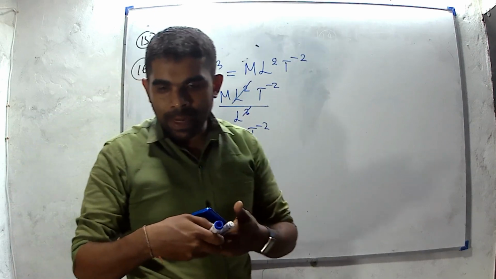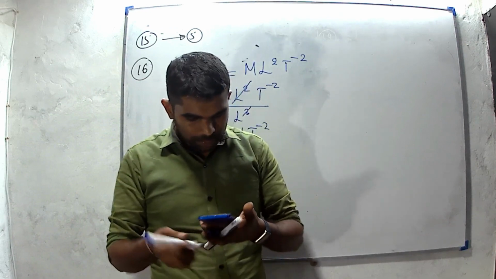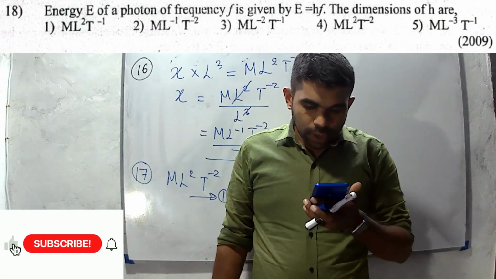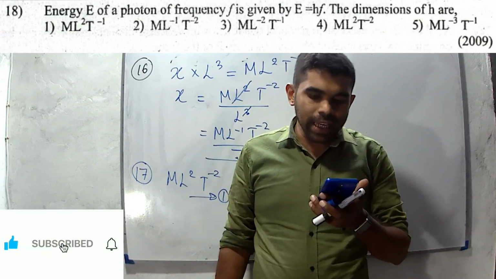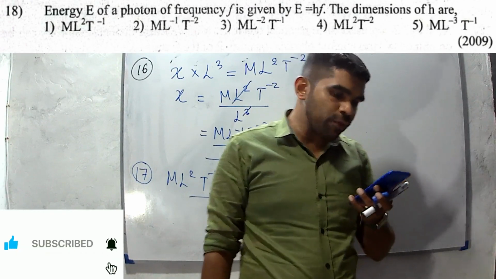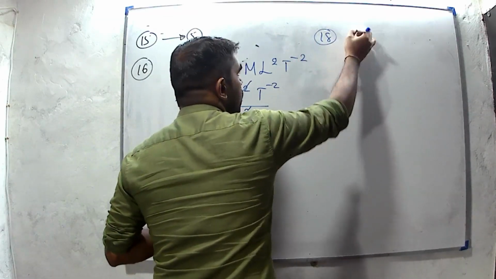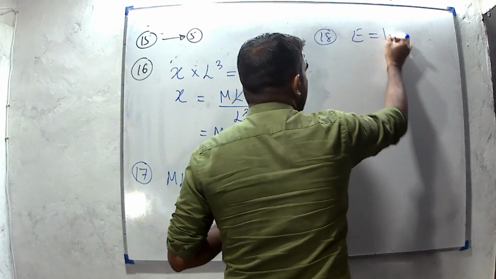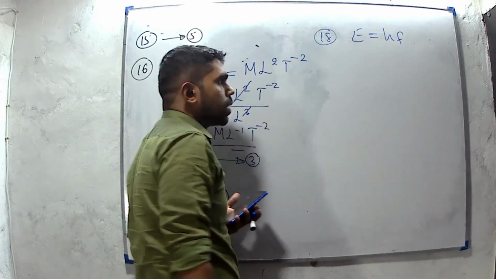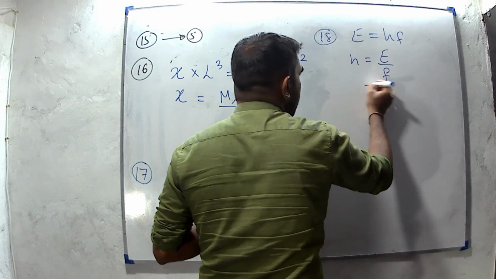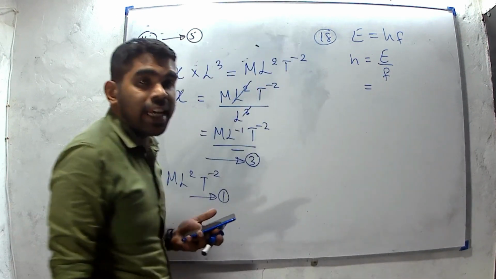Then question number 18. The energy E of a photon of frequency f is given by E equals hf. The dimensions of h are? We can write the equation E equals hf. It is the energy of a photon. We can make h the subject: E divided by f. E is the energy, which is work done.